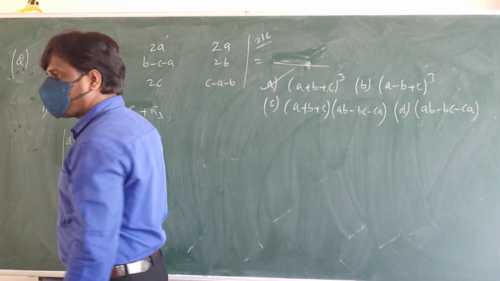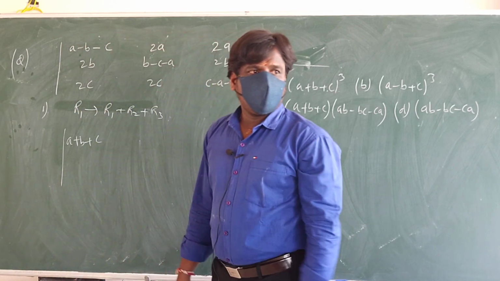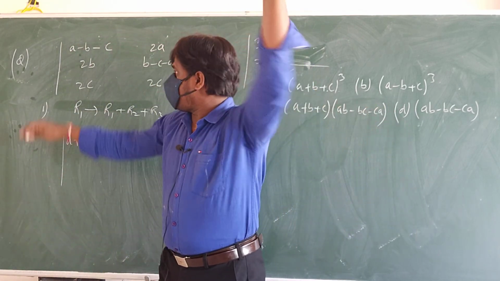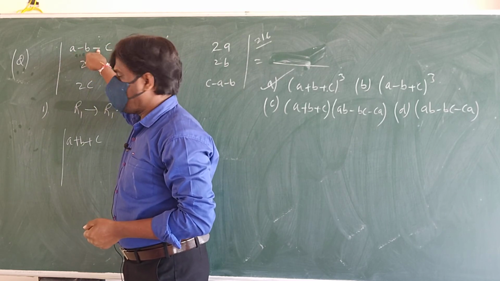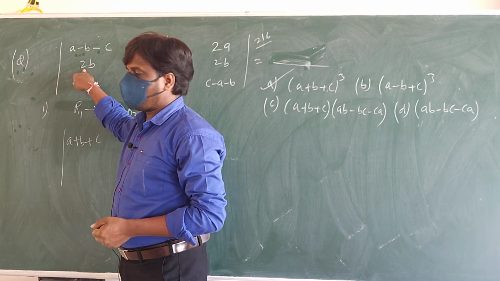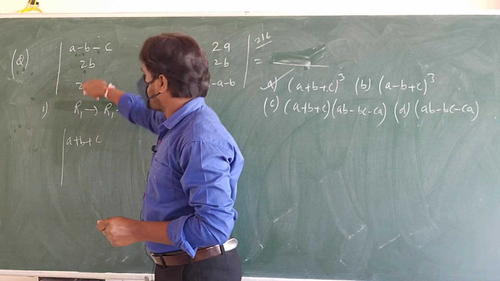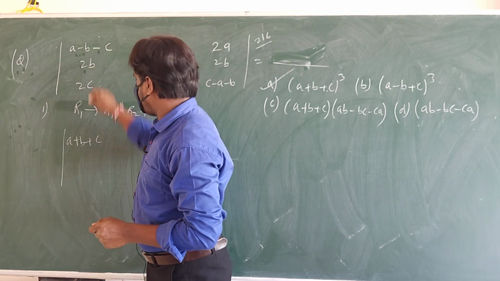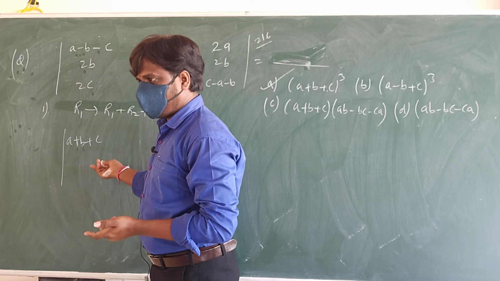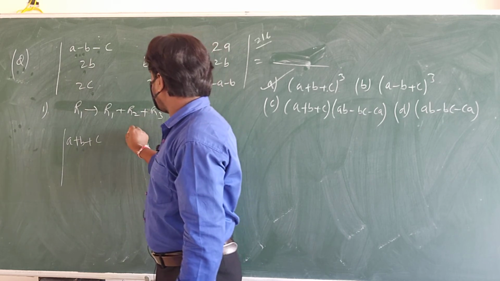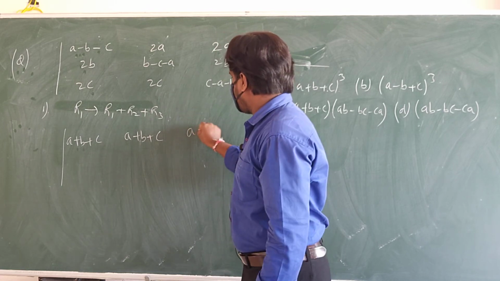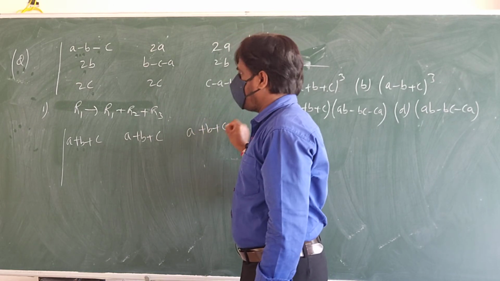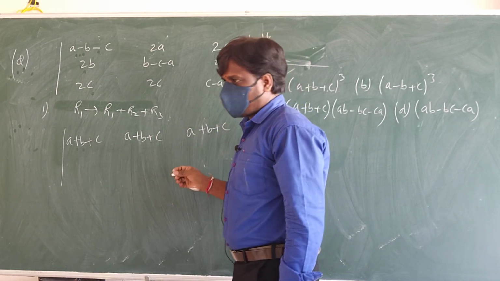See there. R1 plus R2 plus R3: here A minus B minus C plus 2B plus 2C, if you add, how much you get? A plus B plus C. Here all you get A plus B plus C. R2, R3 will not change, will be the same.